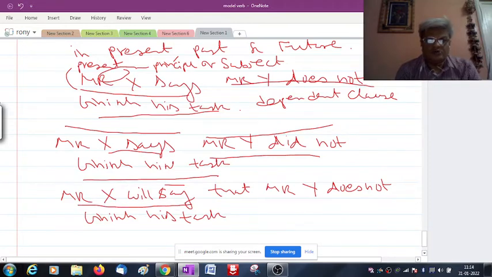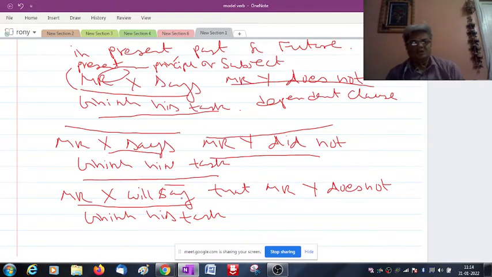Mr. X will say or shall say. Basically, previously we used the term shall, but gradually the grammar experts say shall and will we can use in a synonymous manner. So there is no hard and fast rule that we should use shall instead of will.